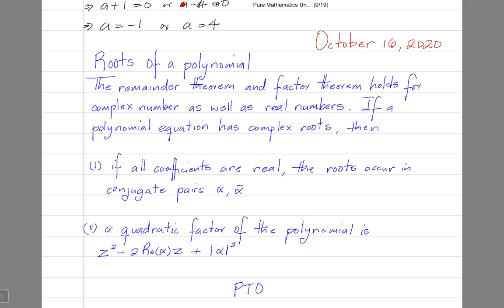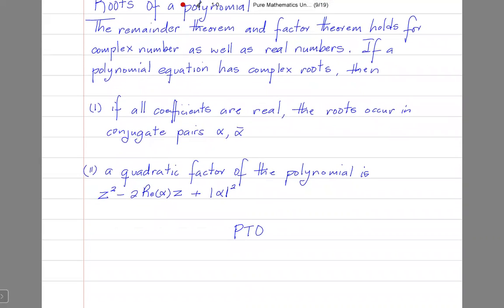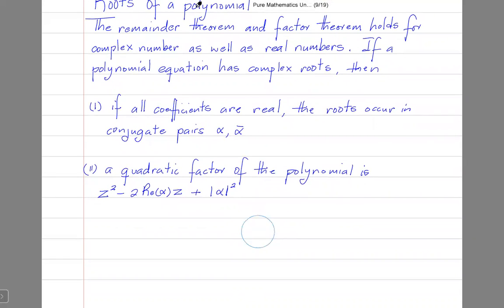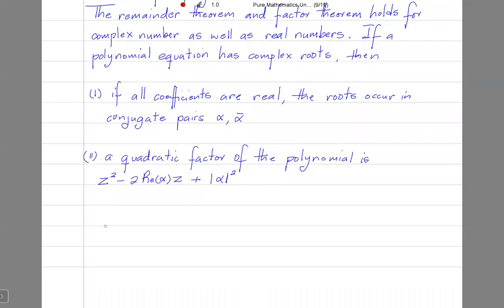A quadratic factor of the polynomial is. All right, so I think even the very first time I read that, I was trying to figure out exactly what the man was talking about. So let us say the roots of your polynomial are alpha and alpha conjugate.